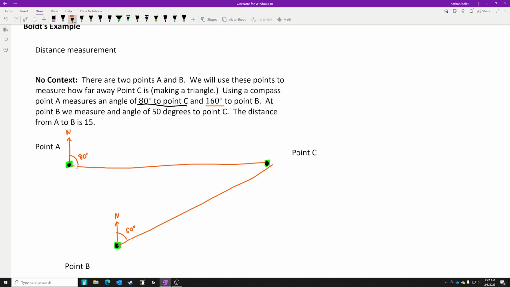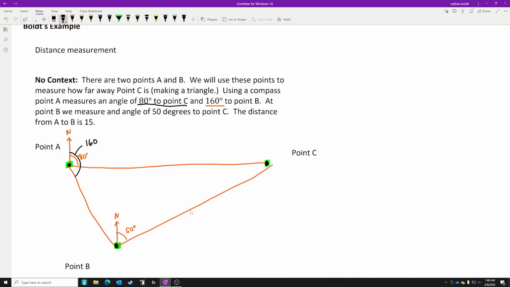So when we measure from point A to point B down at the bottom, they told us that was 160. Now make sure we label that angle correctly. That arc is based off of north, and it goes all the way to the line going to point B. So that angle right there is 160.